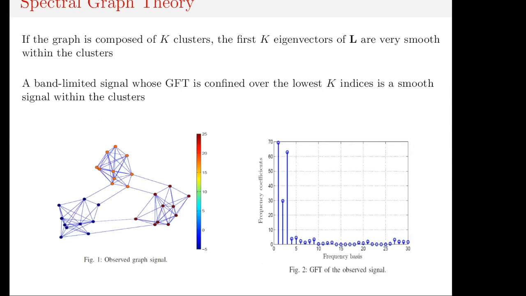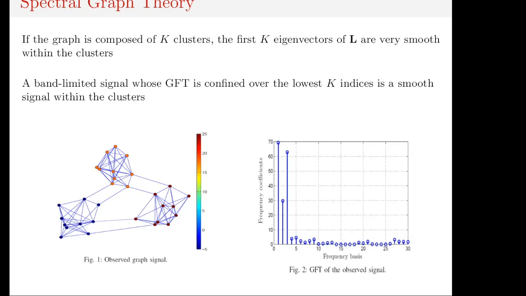If we have a graph composed of, for example, K clusters, the first K eigenvectors of the Laplacian matrix are very smooth within the cluster. It is important because it means that if we are observing the signal over a cluster of a graph with a given number of clusters, we can represent this signal over the eigenvectors of the Laplacian matrix.